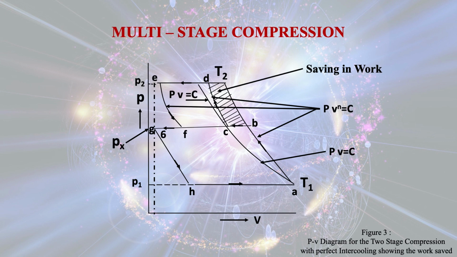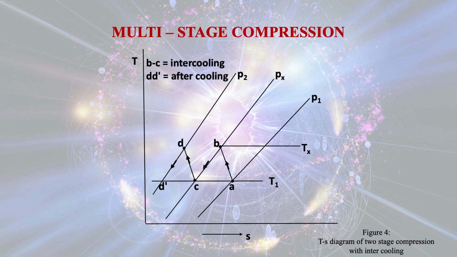Now this is the TS diagram of two-stage compression with perfect intercooling. You see, from the point A to B, it is the compression in the first stage. At the end of the first stage compression, point B is the state of the compressed gas.